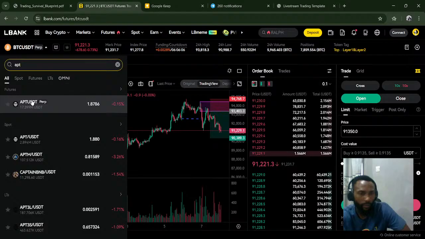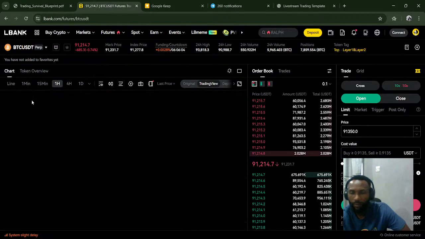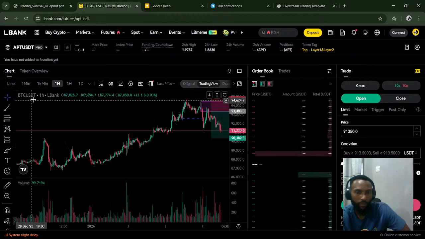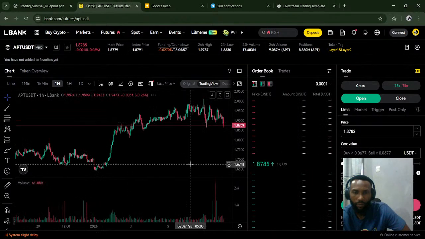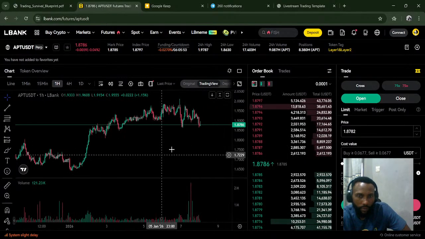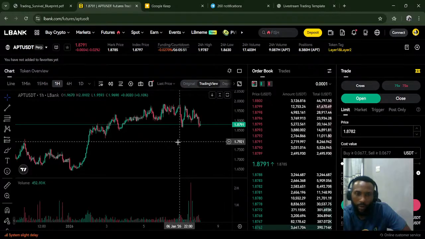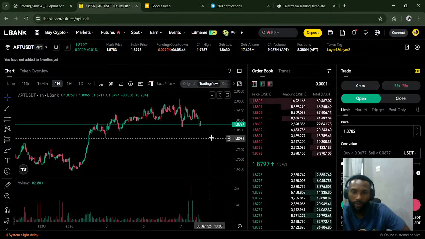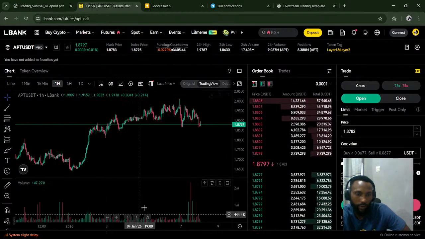So we're on the graph of APT USDT. Now, what was our entry price?